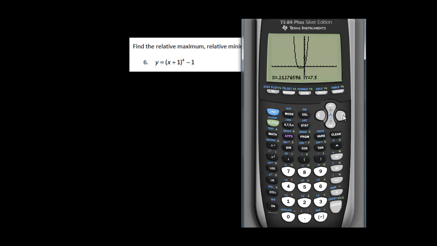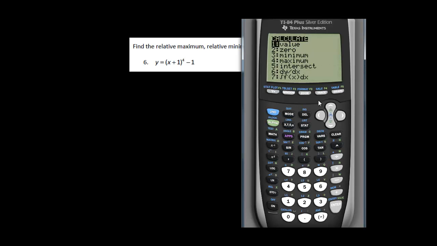Okay, so we see here that it's going to just kind of flatten out right over here. And it doesn't come back down. So, in order to find the relative max, there is not going to be a relative max because it doesn't top off anywhere. As for the relative min, it looks like it bottoms out right over here.